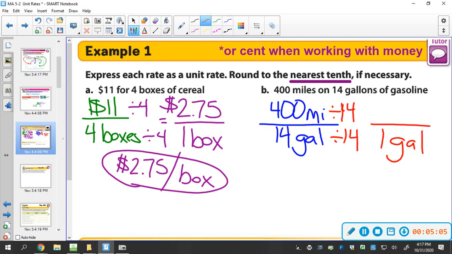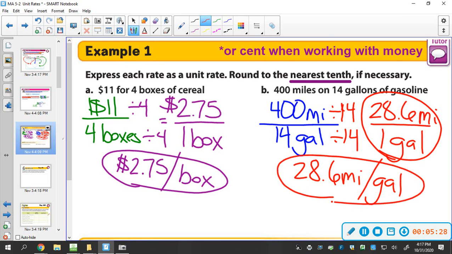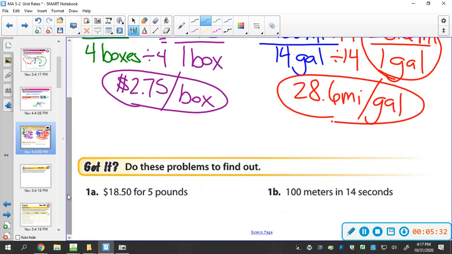And when you round to the nearest tenth, it would be 28.6 miles. So that means it's 28.6 miles per gallon. And if you would like to leave it like this, you can, or 28.6 miles per gallon, like that. Either way means the exact same thing. Go ahead and do your 2 got it problems, and then we'll come back and go over those.